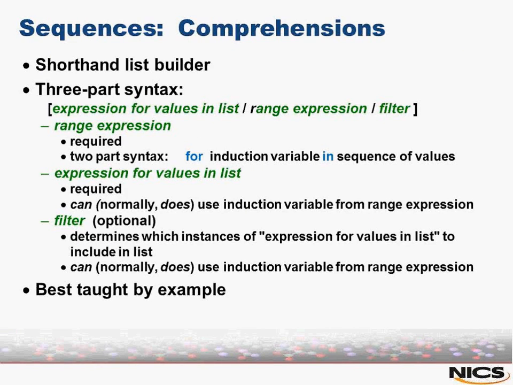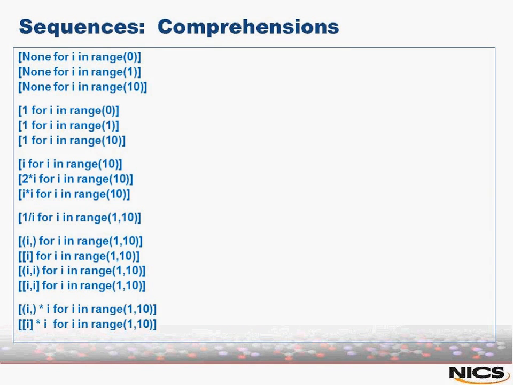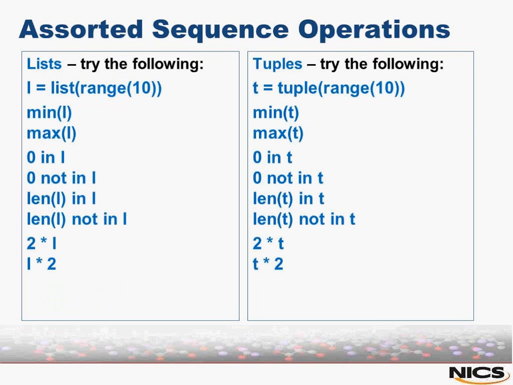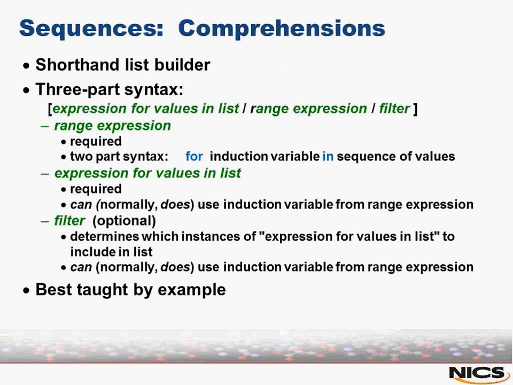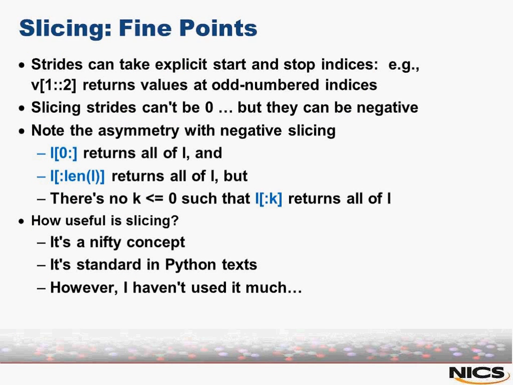With regard to the slicing wrap up, you can do slicing with explicit striding and start and stop. V[1::2] means start with index 1, start second into your list, and pick up the second, the fourth, the sixth, and the eighth. If you try to slice with a stride of 0, Python bombs you.